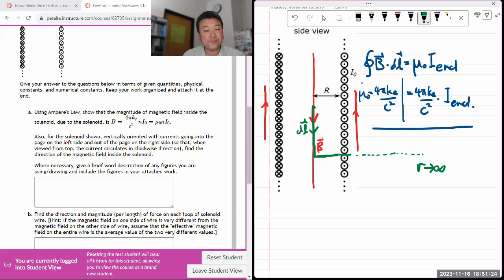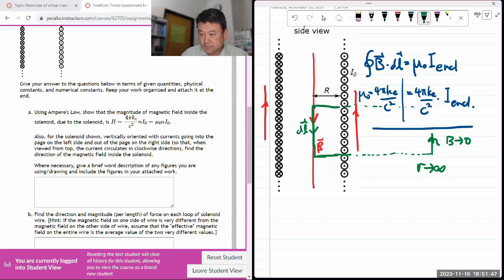Only when I've reached infinity am I going to turn around and start going up this way. Because it's out at infinity, I can take a guess the magnetic field there has to be zero. I can think of the solenoid looking like an infinite line of current. From infinity away, it'll look zero-ish. So let me finish the loop here.